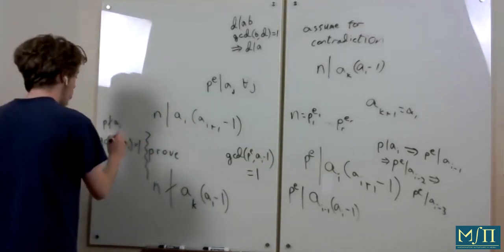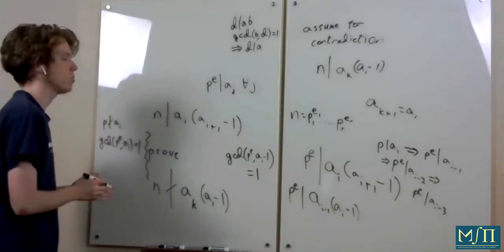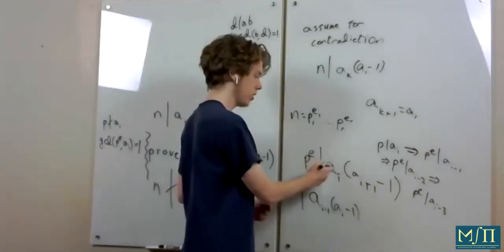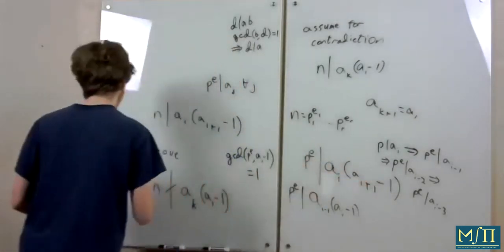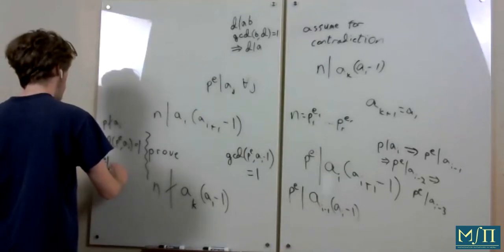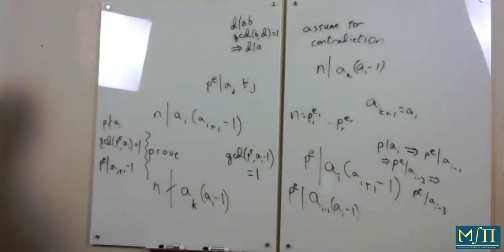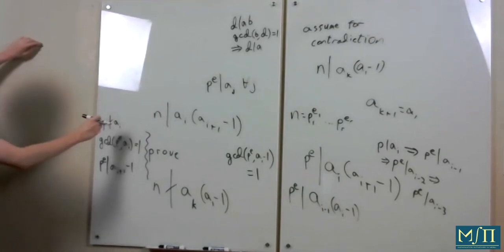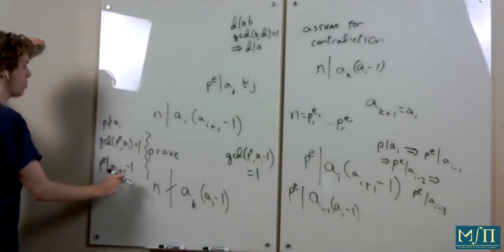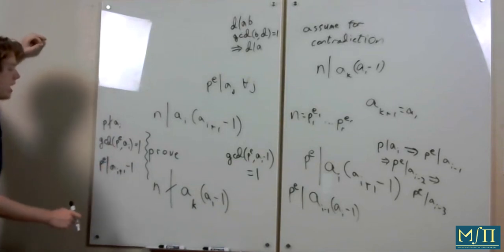So this would mean the GCD of p to the e and a_i is 1. They won't have any common prime factors. And so, by the same logic, p to the e would then divide a_i minus 1. And then we can do this for every i, because we're assuming that p doesn't divide any of the a_i, so we can apply this logic to each of the i's separately.